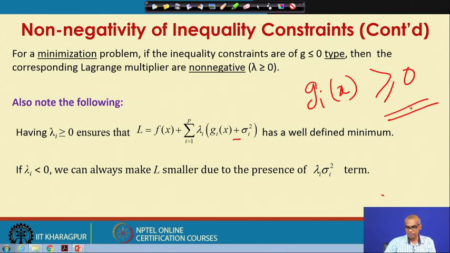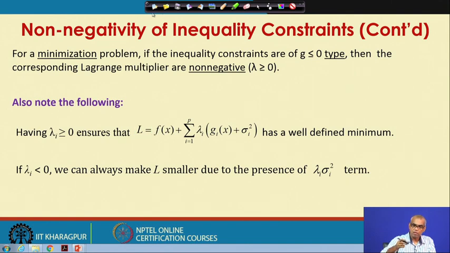So, in that case, making lambda i positive will make L, the Lagrangian function, smaller and smaller, again due to the presence of this term. So, this way you will be able to analyze the restrictions on the Lagrange multipliers.